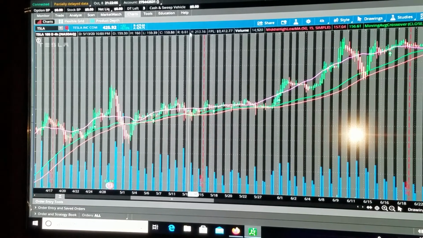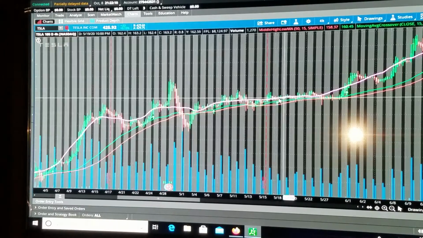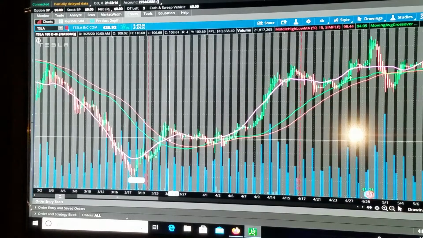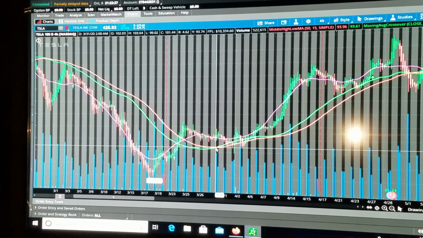But the thing is, if we use these moving averages along with the exponential moving average, when they're stacked on top of each other, we can easily see that that is an upwards trend and we would want to buy here. Or when it crosses over, here.